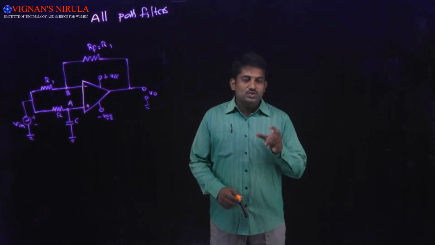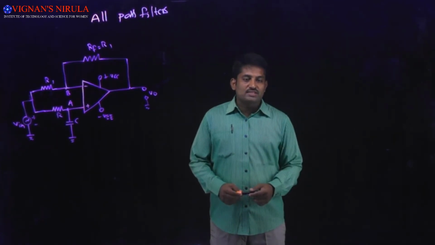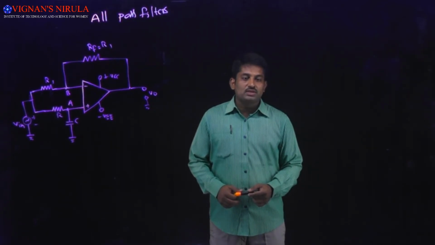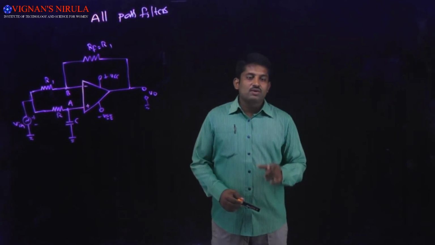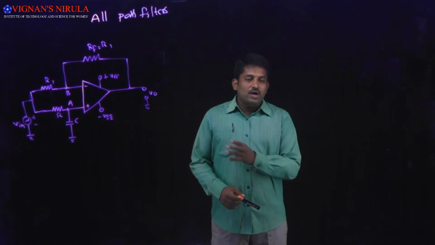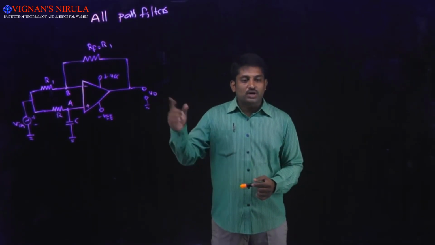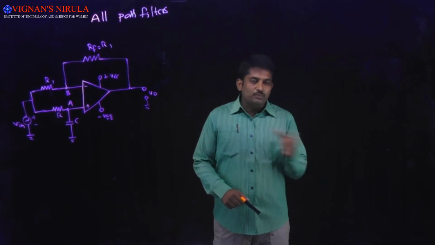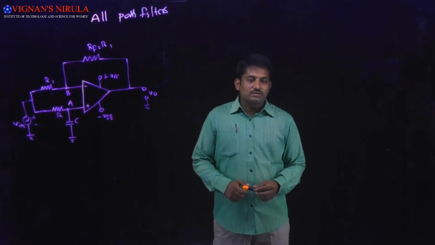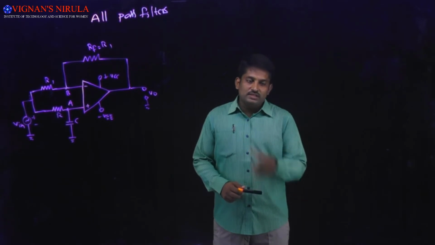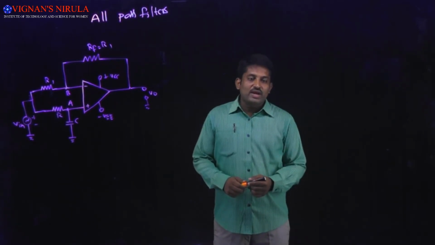A filter which is used to control the phase response by adding a phase shift between the input and output signal is called an all pass filter. Its gain is 1, so it passes all the frequencies applied at the input. It does not provide any attenuation, but it produces the required phase shift.